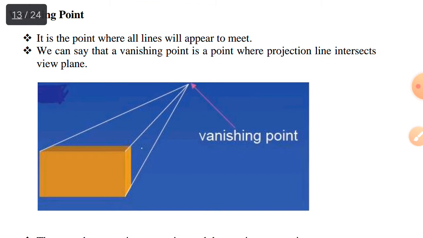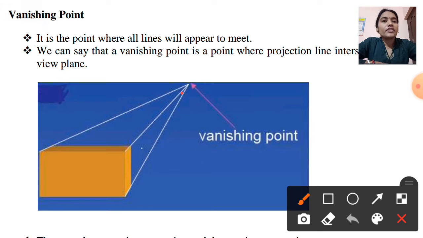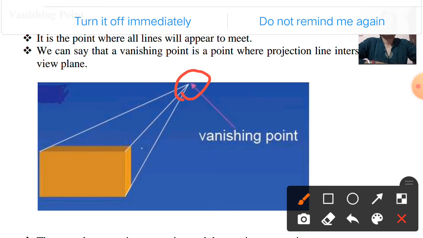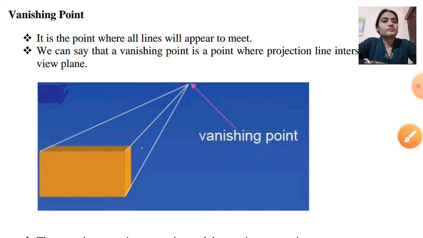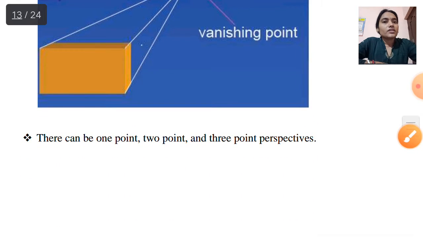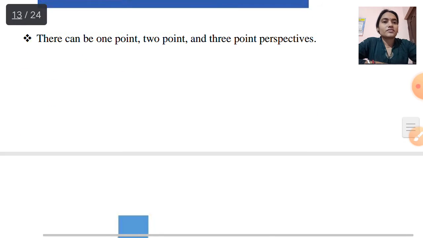In this example, this point is the vanishing point where all the lines meet at a point. There can be 1 point, 2 point or 3 point perspectives.